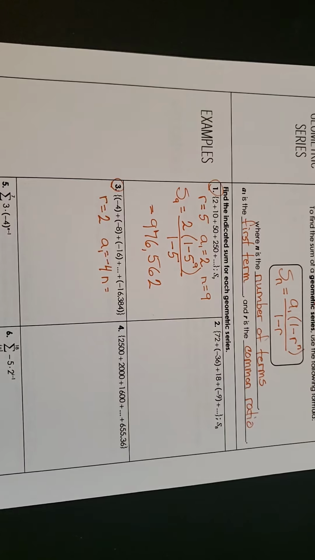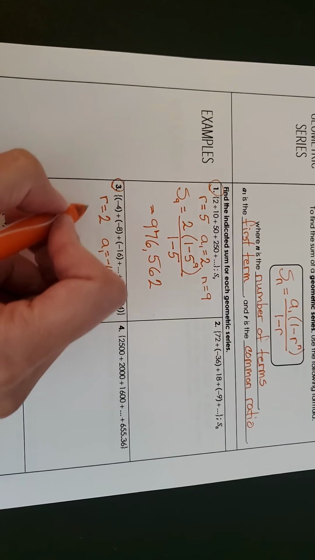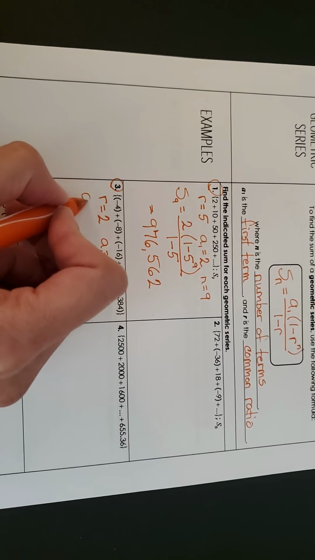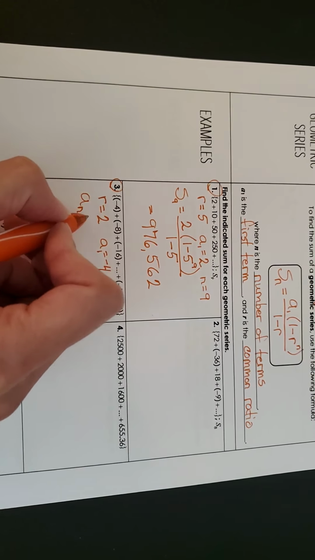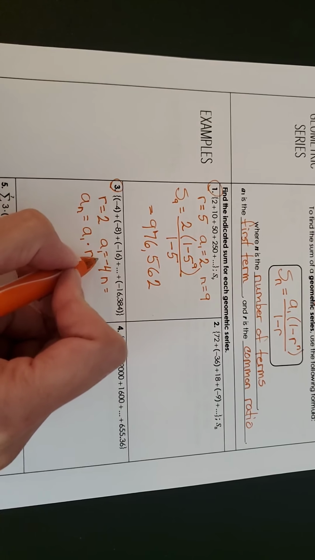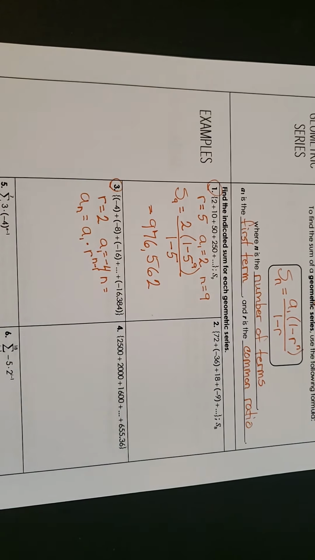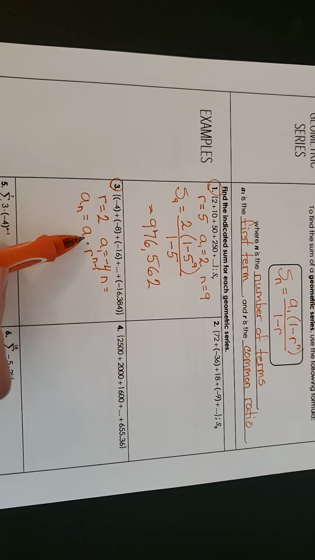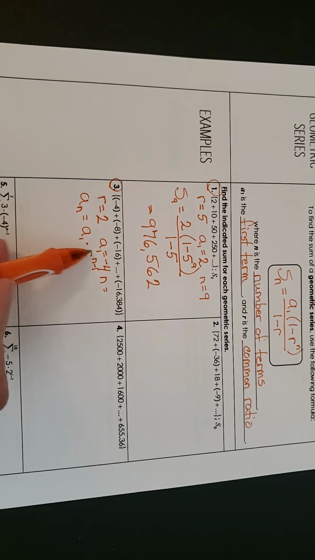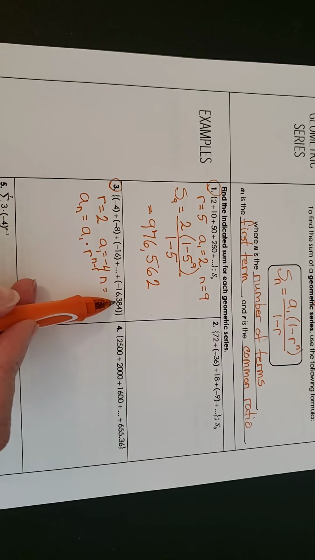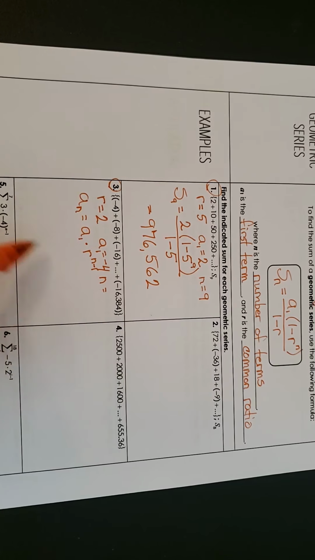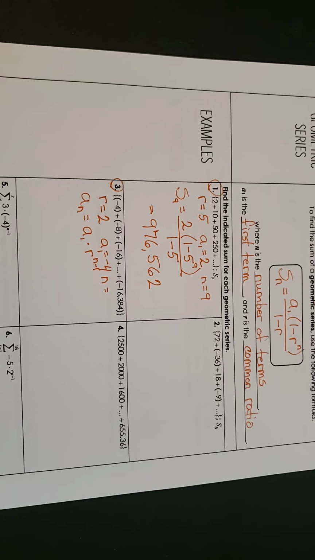So we've got some work to do to figure out which term this is and how many terms we are adding. And so I'm going to go back to that formula that for a geometric sequence, a sub n is equal to that first term times the ratio to the n-1 power. And I can plug in my ratio and my term value and solve for n.